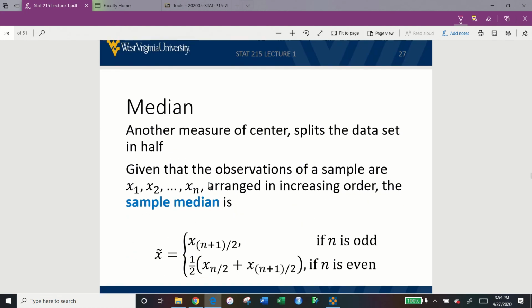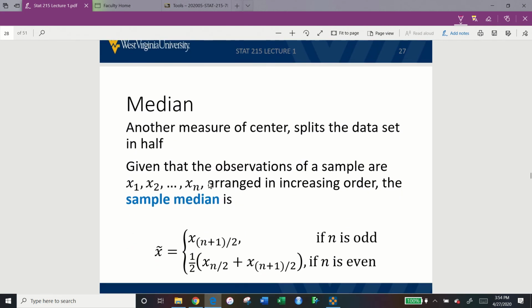Next, let's take a look at the median. So the median, another measure of center, splits the data in half.